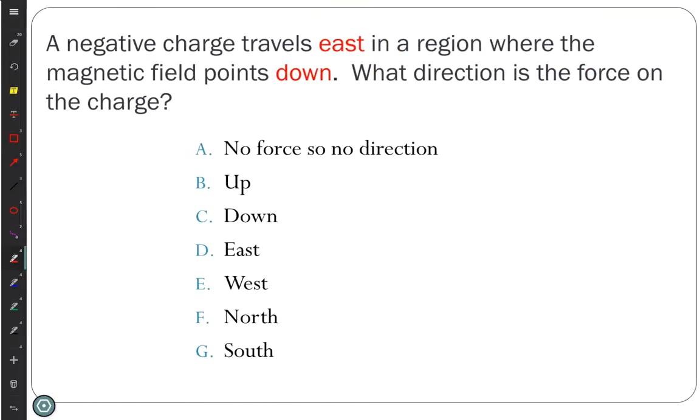Now the next question. It's all the same except we change it to a negative charge.